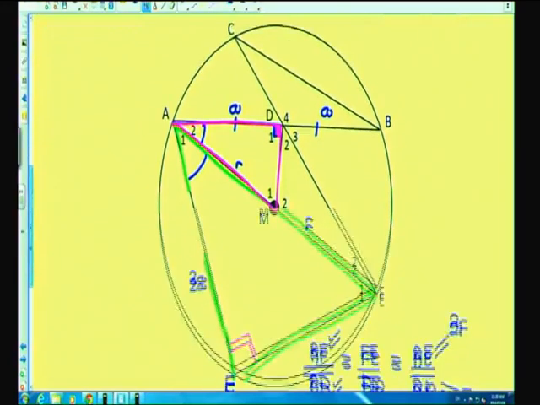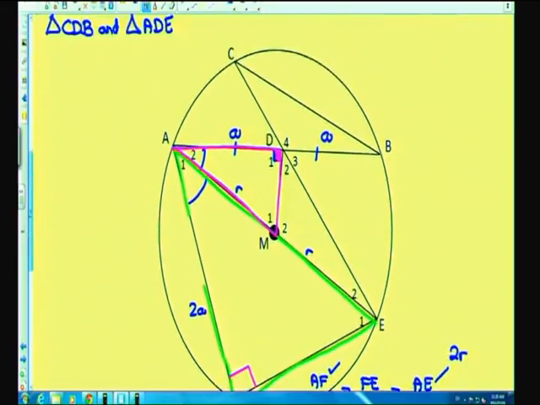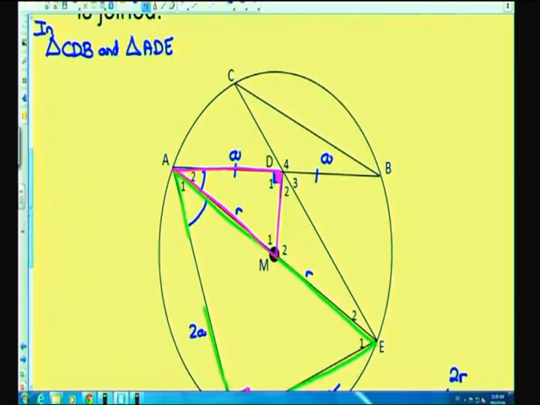So let's go and see if we need to highlight in any way. I think we probably do. So let's use some spotty highlights. CDE, CDB. CDB is this guy here. And ADE, ADE is this guy here. Let's make a different kind of marking on that.